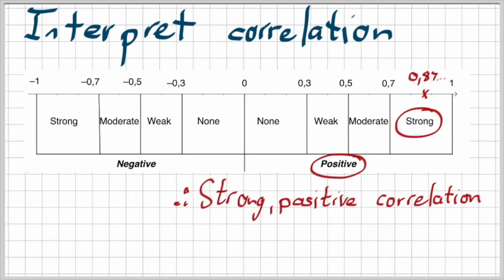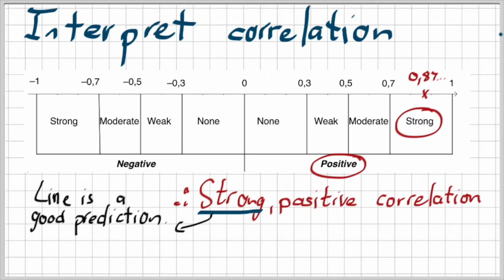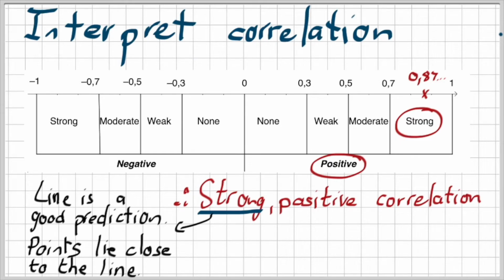We've done that. So it's a good prediction because the R value is very close to 1. But also it means that the points lie close to the line of best fit. It's not spread out all over the place.